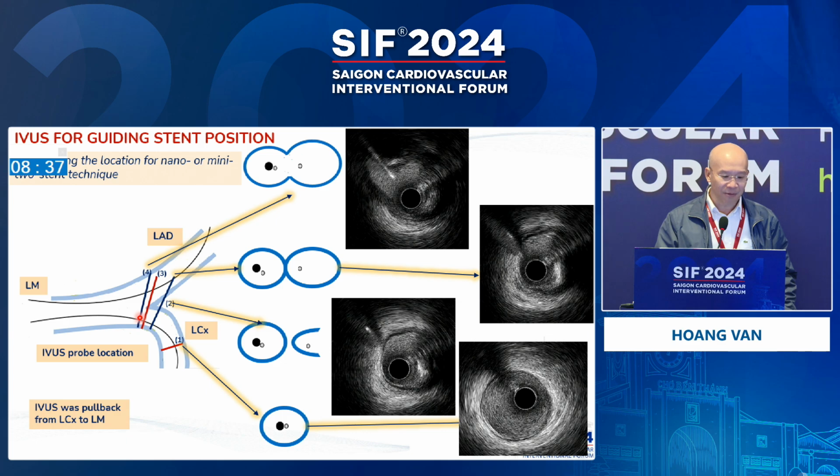But line number 4 is the good position of the stent because it gives full, complete coverage of the circumflex ostium. You can see here when the stent is positioned here, we see on the IVUS the overall shape, like this.